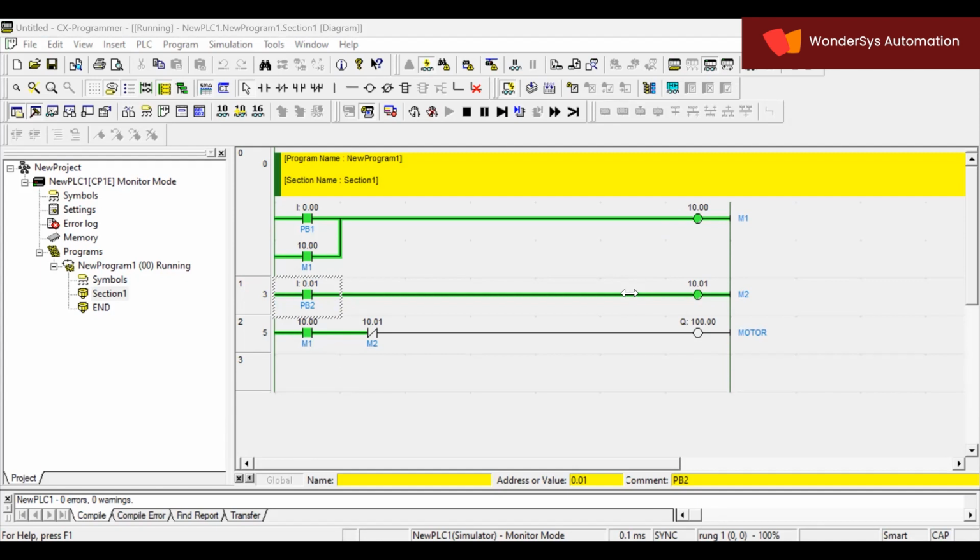How can we get that address bits in the page? They are not displaying. What page do you want to see, Srinivas?